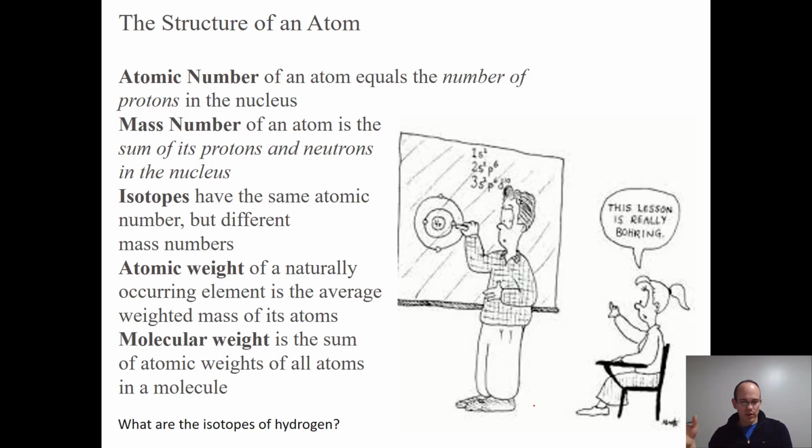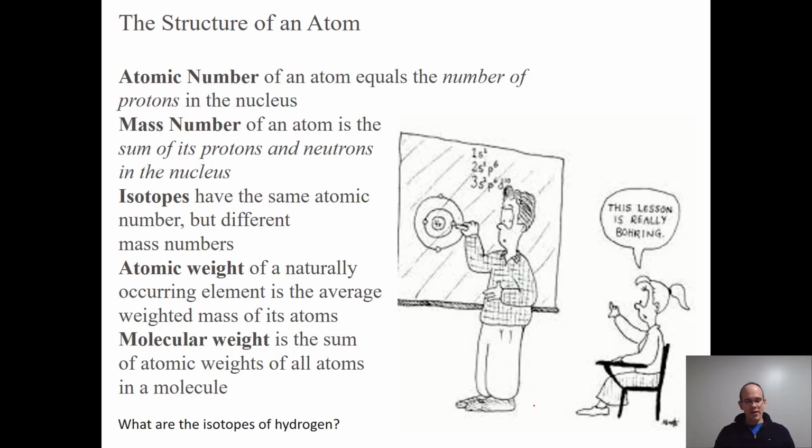So you're going to need to pay attention to that. When you combine a bunch of atoms together and make a molecule, the molecular weight is going to be the sum of the atomic weights. That includes the averaging that goes on with the naturally occurring isotopes. So molecular weight is the sum of all those atomic weights in a molecule.